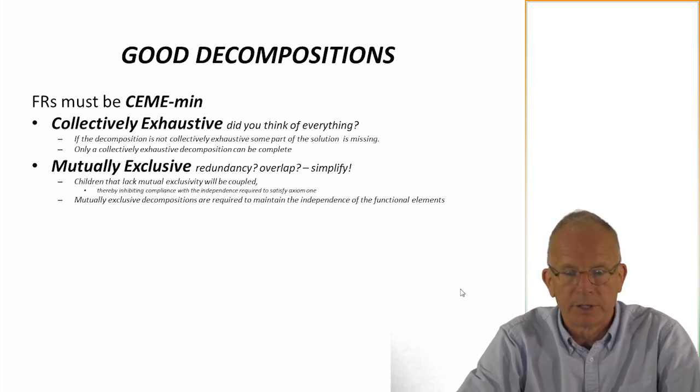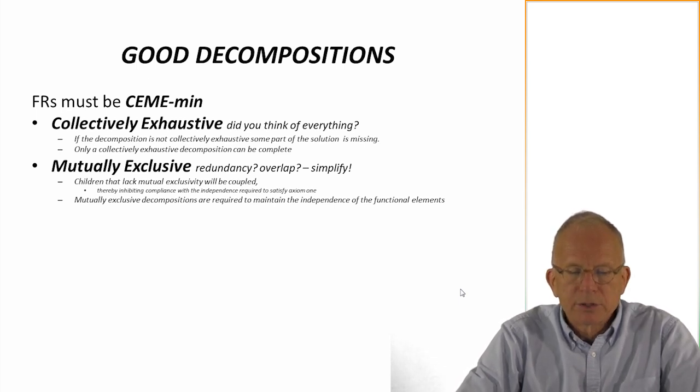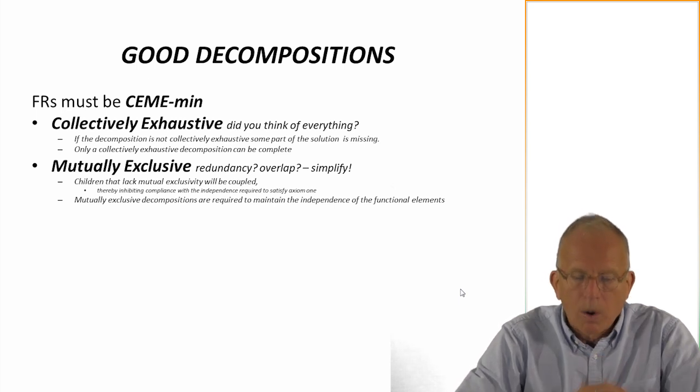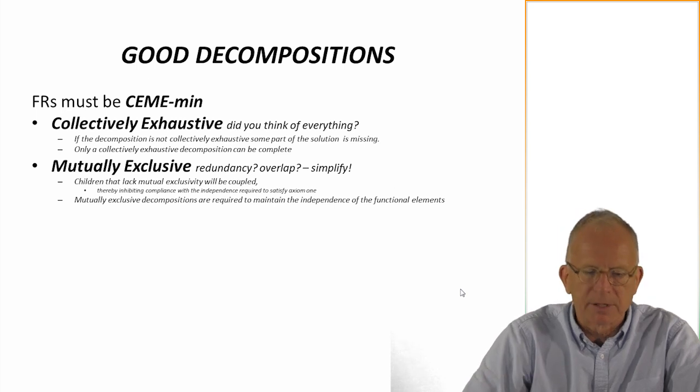We want to avoid redundancy and overlap, keep it simple. Children that lack mutual exclusivity will be coupled and thereby inhibit compliance with the independence axiom. So mutually exclusive decompositions are required in order to maintain independence of the functional elements.